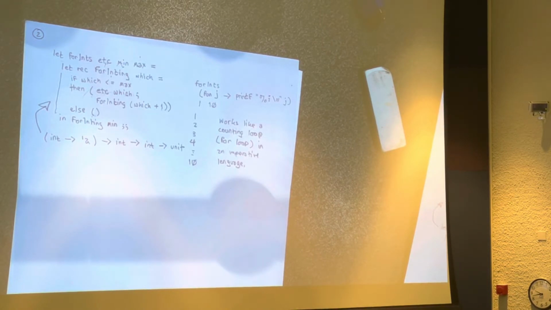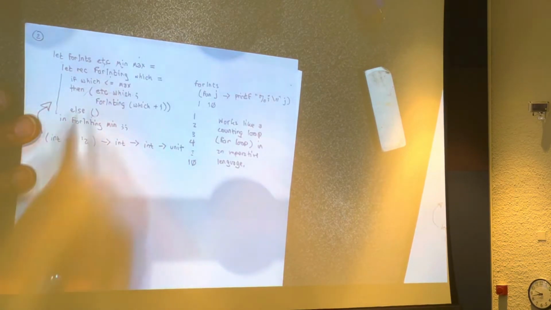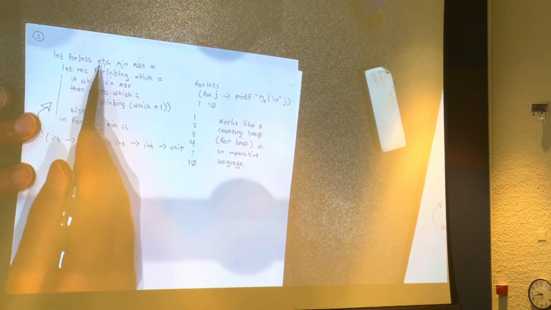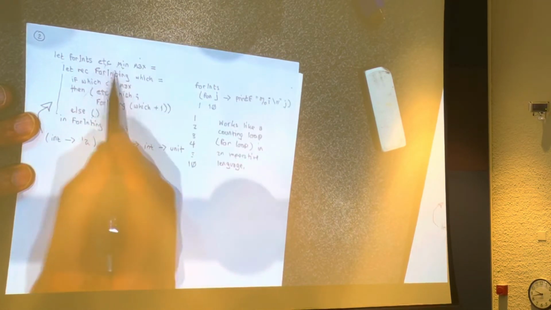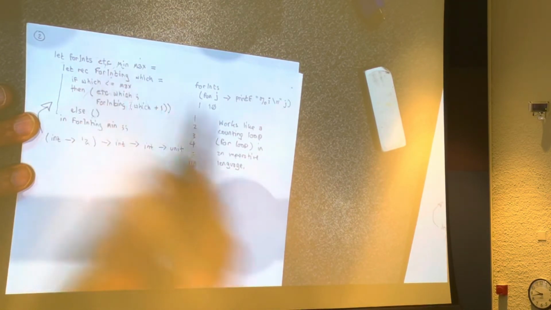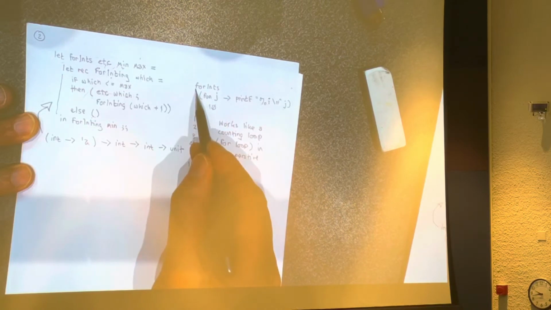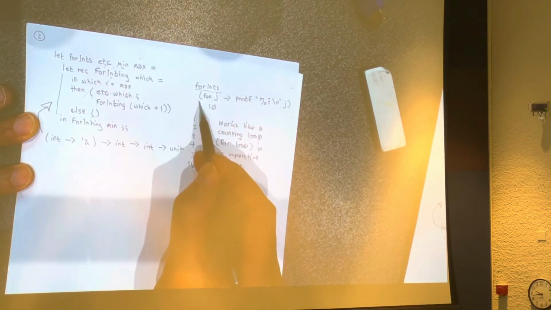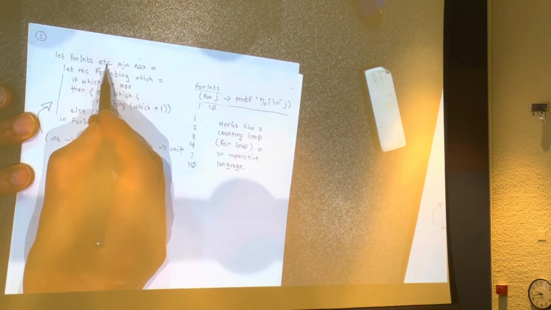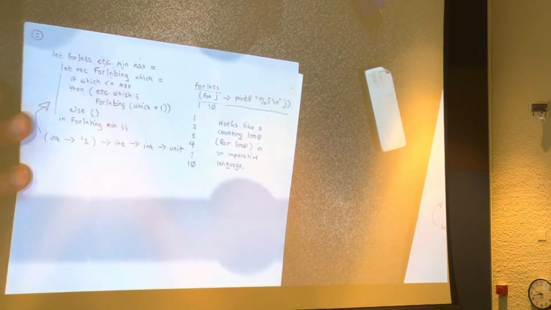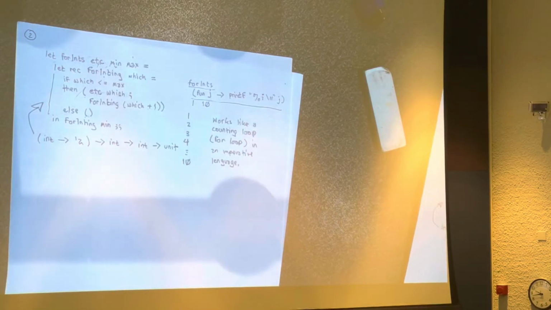But I thought the function was for ints. It is, but etc is a function that I am passing in as a parameter. So here's my initial call, and then I'm creating this anonymous function. That's going to be etc. So you just have to be careful what's getting called where. Did that answer your question?